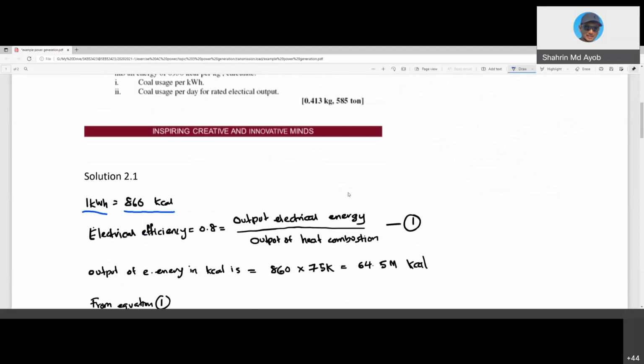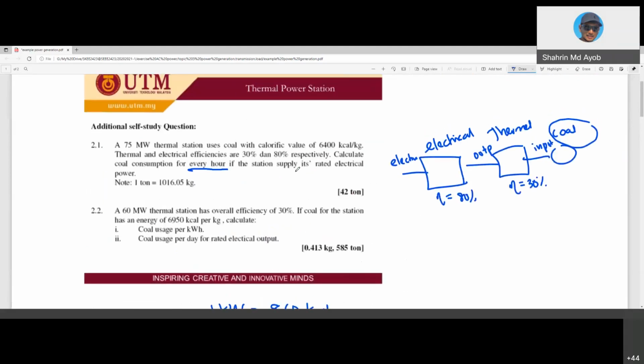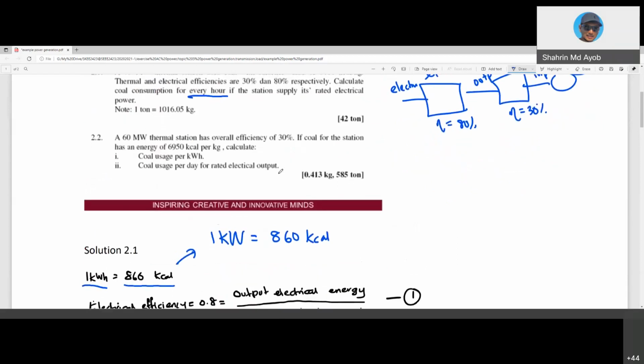Since we are only concentrating on 1 hour, we can write the equation as 1 kilowatt is equal to 860 calories, because right now we are calculating on an hour basis.